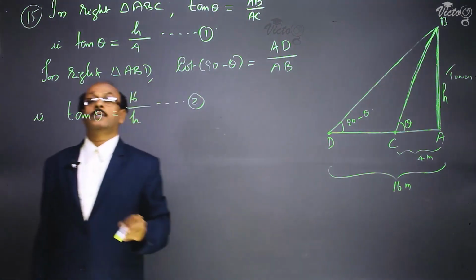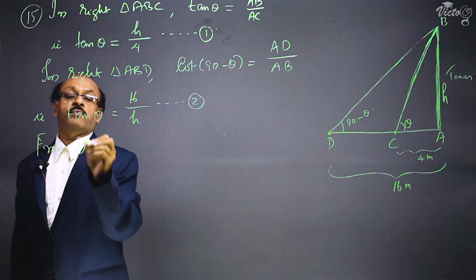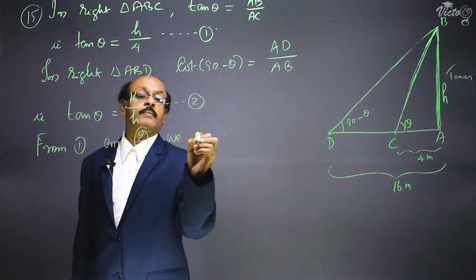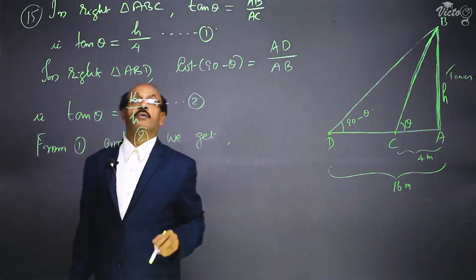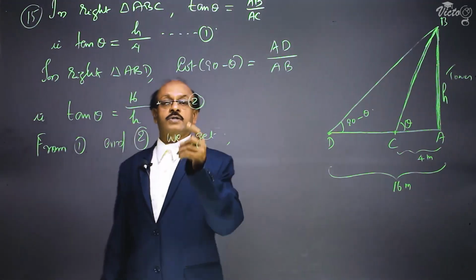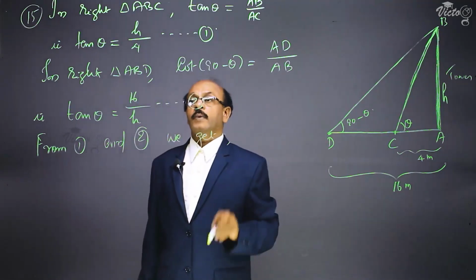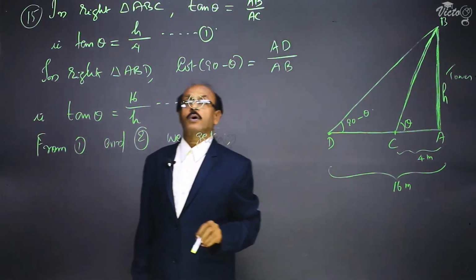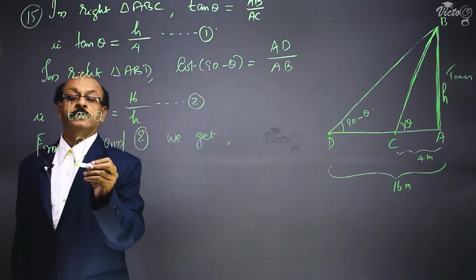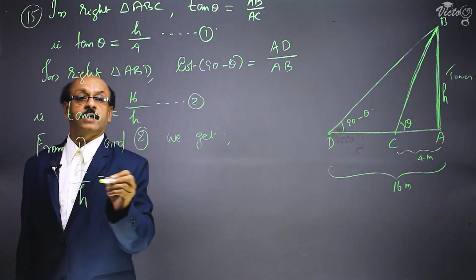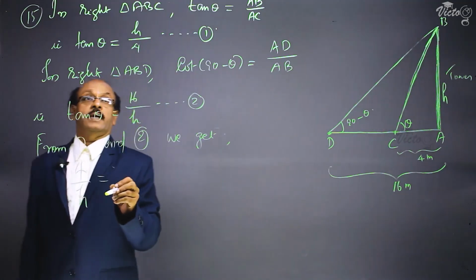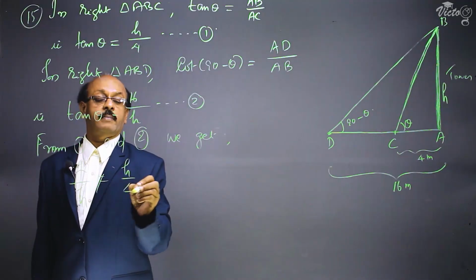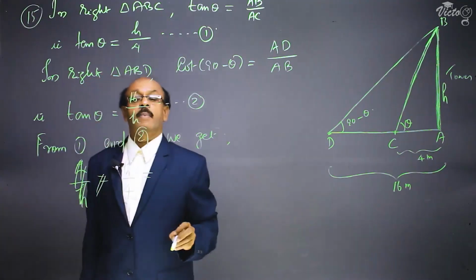From equation number 1 and 2, we are getting, see, in equation number 1 the left side is tan theta, and in equation number 2 the left side is tan theta. So, if the left hand sides are equal, the right hand sides must also be equal. That means h by 4 is equal to 16 by h.